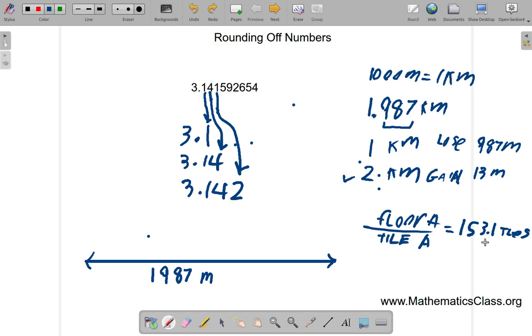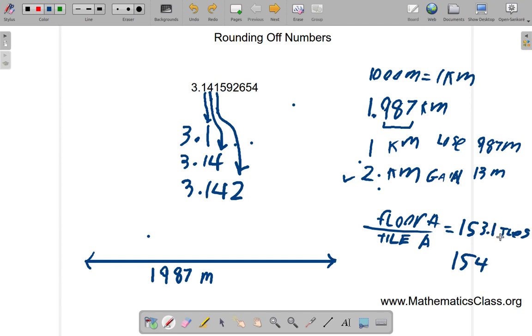But the thing is, you would have a little space left, so you need a bit more, and the hardware does not sell 0.1 tiles, so you would have to buy 154 tiles and then cut one of them into tenths to fill in that little space.